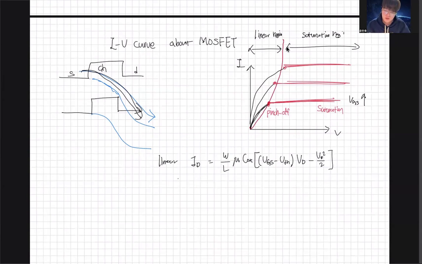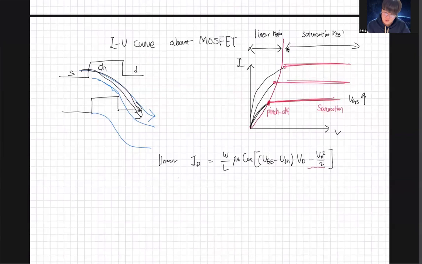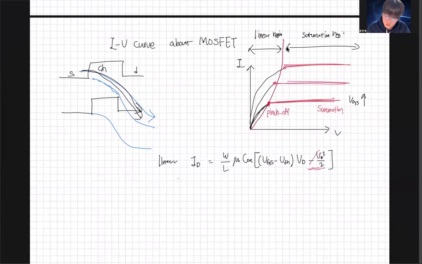But the VD square term is very small, so we can approximate and ignore it. And we call the voltage VGS minus threshold voltage VOV, the overdrive voltage.